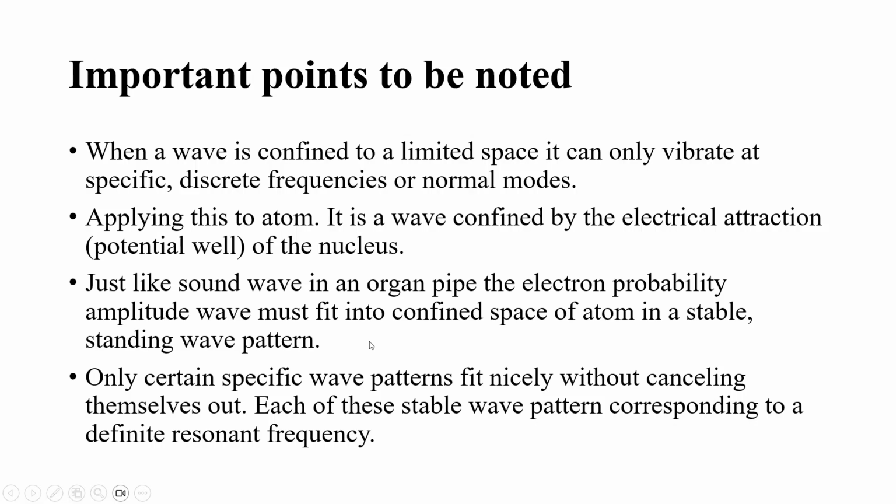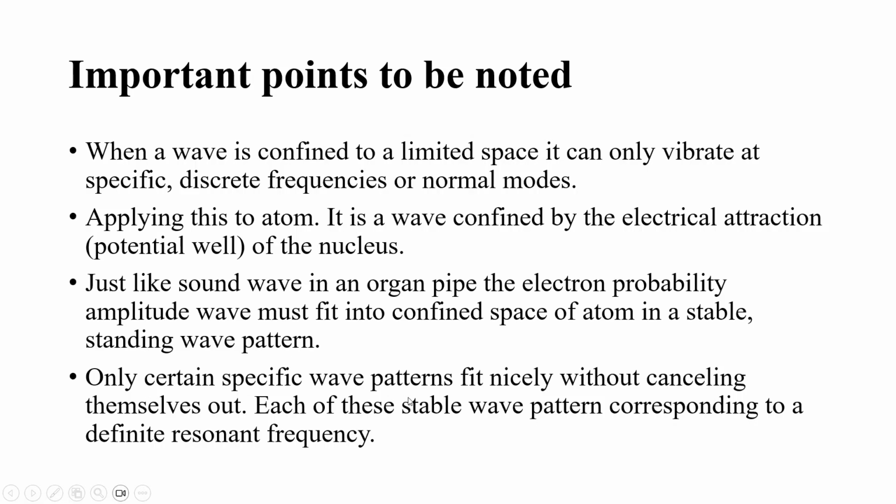Important points to be noted: when a wave is confined to a limited space, it can only vibrate at specific discrete frequencies, the normal modes. Applying this to an atom, it is a wave confined by the electrical attraction of the nucleus. Just like a sound wave in an organ pipe, the electron probability amplitude wave must fit into the confined space of the atom in a stable standing wave pattern.